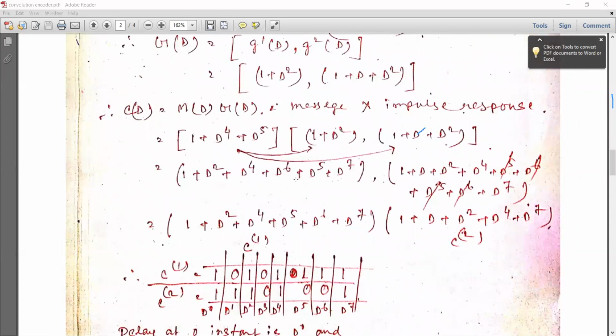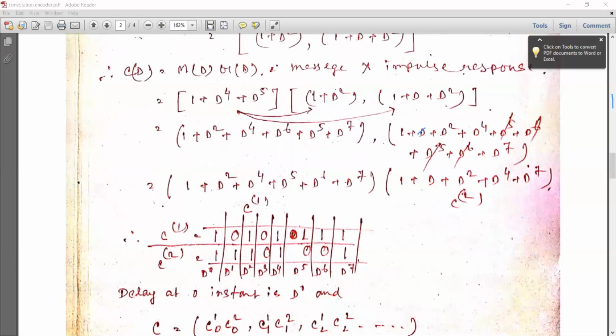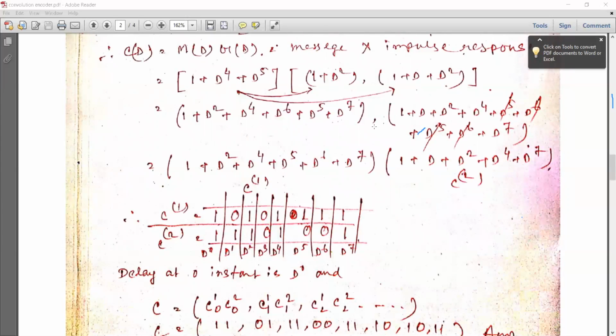Now to multiply this, we just have to follow this procedure. This MD, the message polynomial expression 1 plus d to the power 4 plus d to the power 5, will be multiplied with 1 plus d square once, and then with the second term, which is also 1 plus d square. Okay, and there will be a gap.